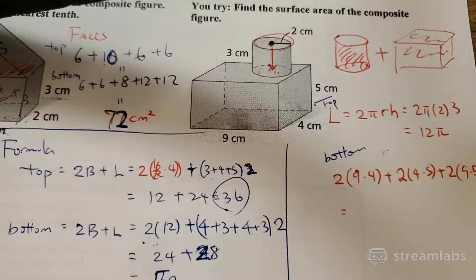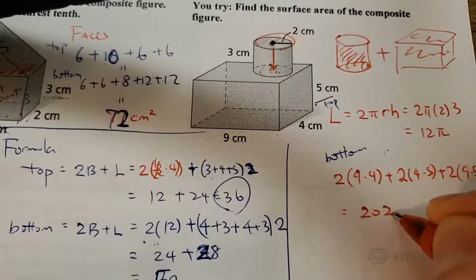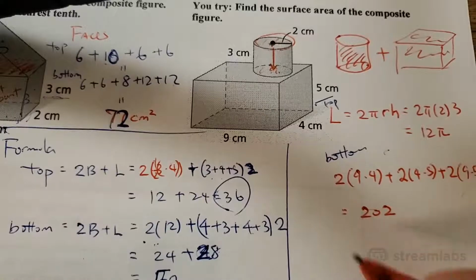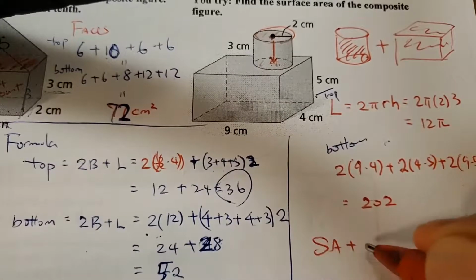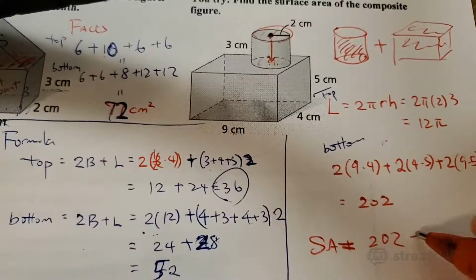So that would be 2 times 36 plus 2 times 20 plus 2 times 45. 202. Okay, so it's 202 plus 12 pi. Surface area is equal to 202 plus 12 pi.